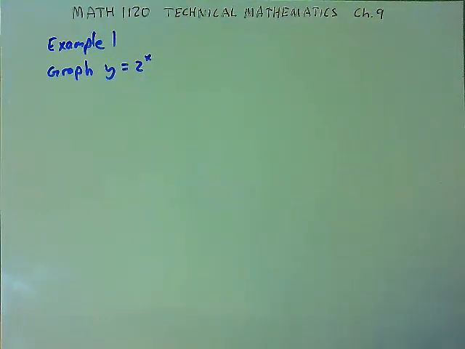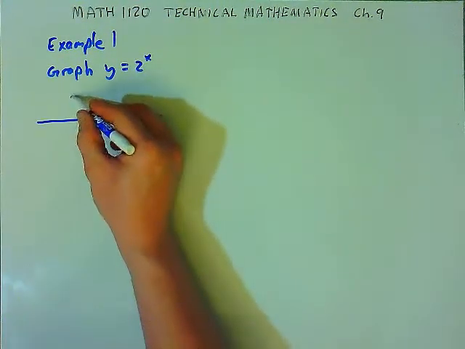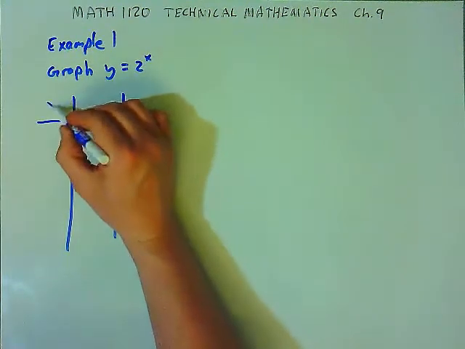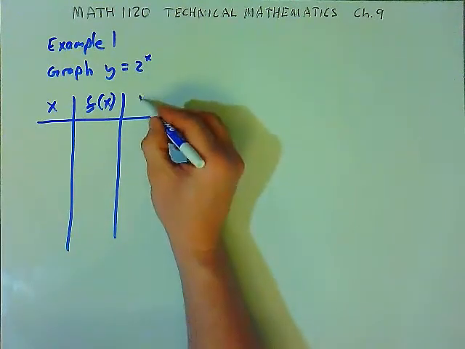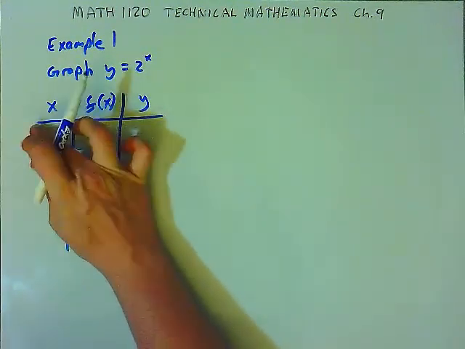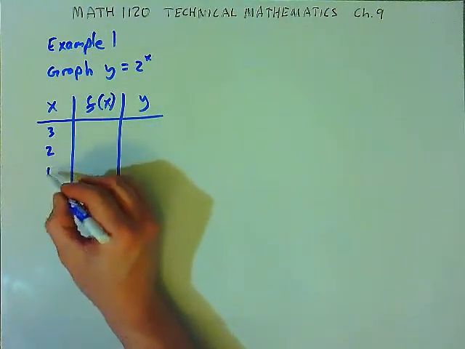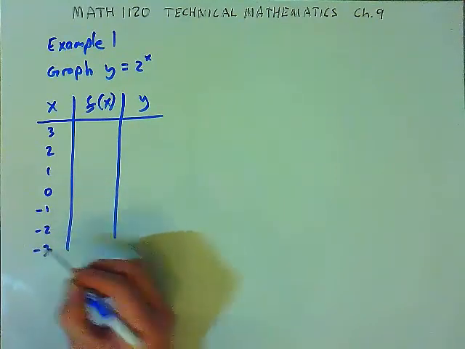This is example 1. It says graph y equals 2 to the x power by plotting points. What they want us to do is the same thing we did a second ago, which is to say that we have some values for x, we have a function of x, and we have some values for y. Let's let x be equal to 3, 2, 1, 0, -1, -2, and -3.